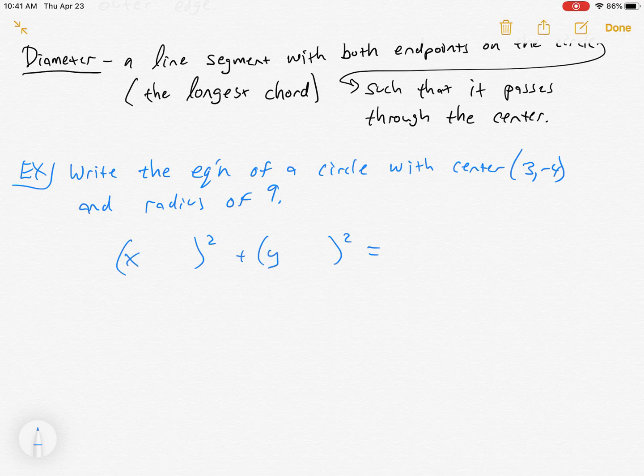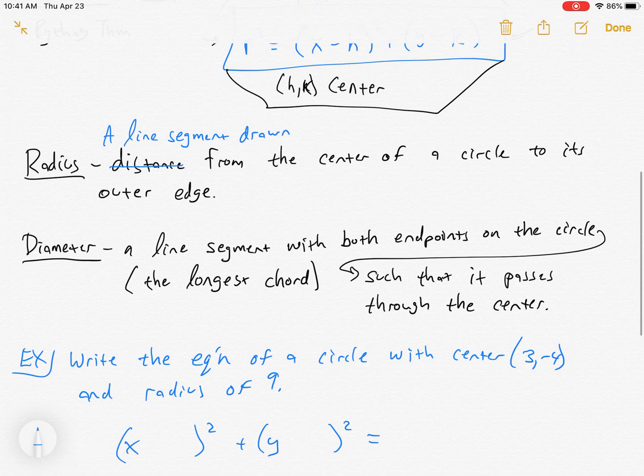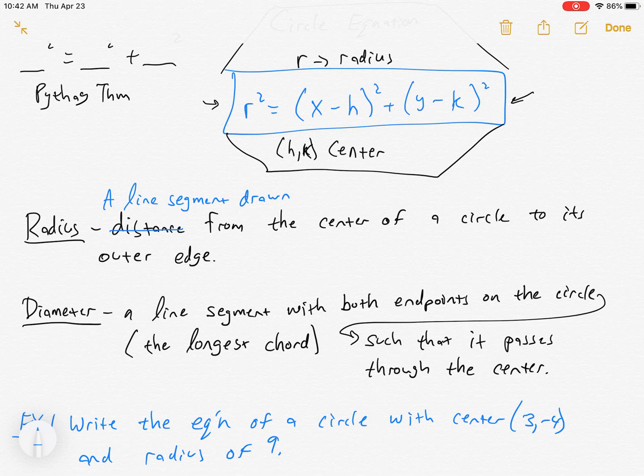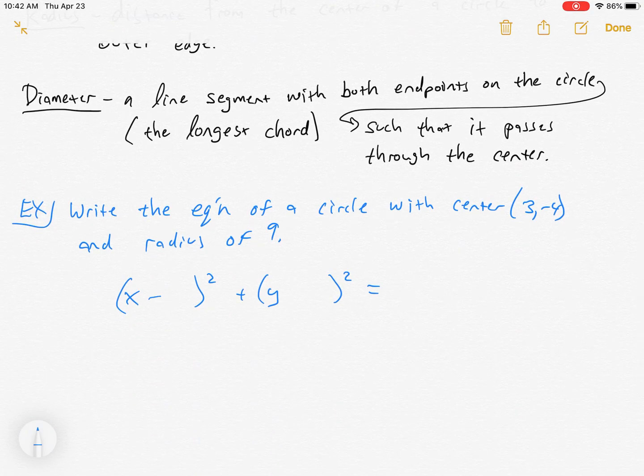This is going to be quicker to do than the write. Well, here's our circle equation, it has this look to it, right? We put x's there. So the center is 3, -4. Notice the equation up here has minuses in it.